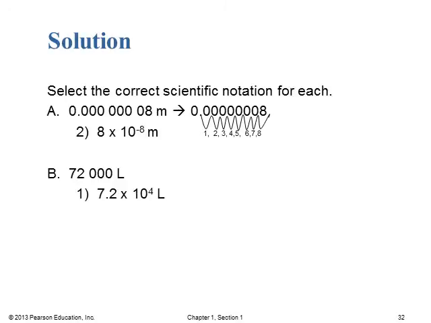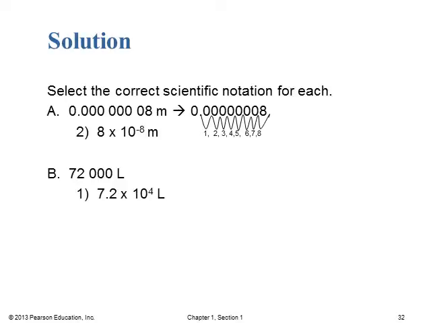How I figure out that minus 8 is by counting how many places the decimal had to move over. Here you see that our decimal started here and we had to jump over 1, 2, 3, 4, 5, 6, 7, 8 places in order to get that decimal after the 8 digit.